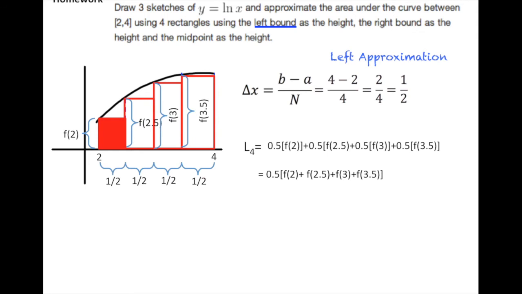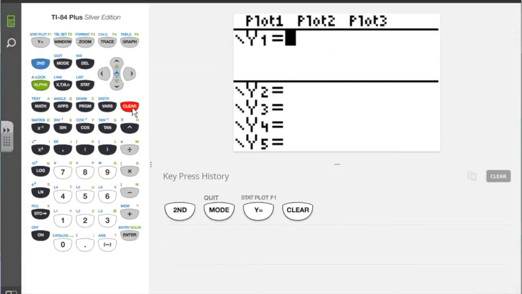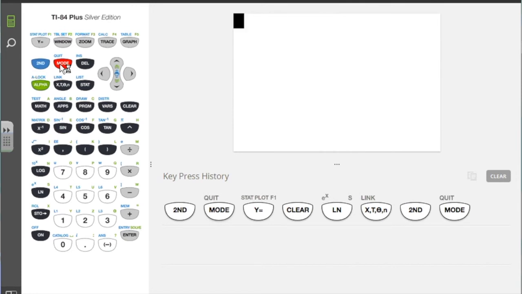Now I'm going to find this number using the calculator. All right, so first I'm going to show on the 83, 84 how to do this. So the first thing I do is I put in the natural log of x into y equals. Now I can go over to my main screen and I'm going to use that vars button.